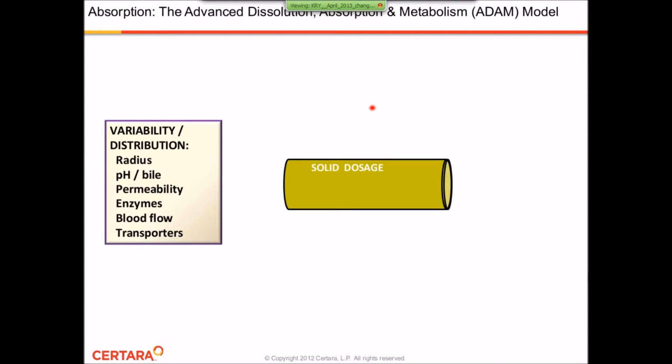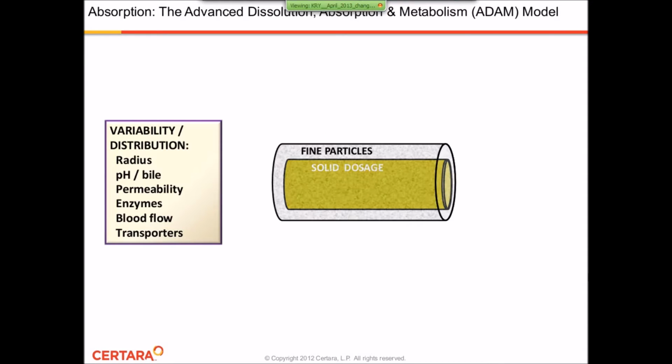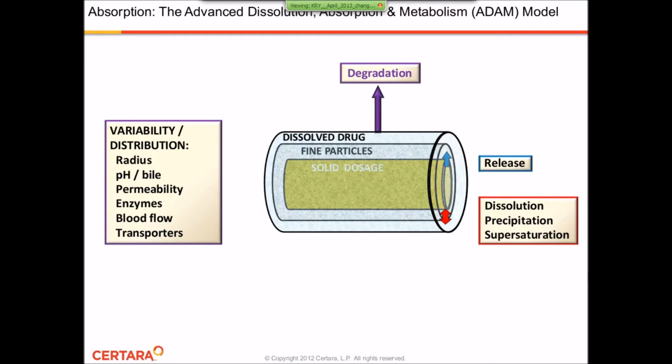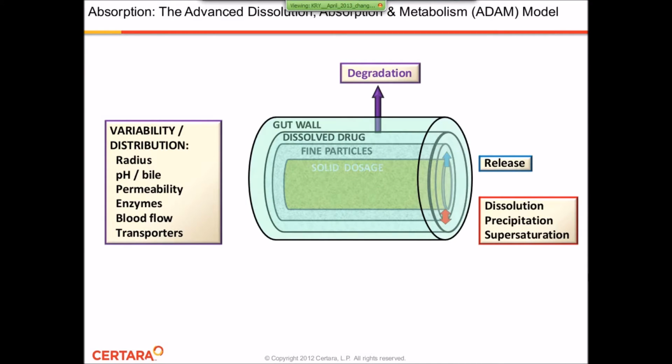So if we consider that we've got the solid dosage form, and then we want to actually consider the release into fine particles, that is all incorporated within the ADAM model. We then have the dissolved drug, where we can have a look at the dissolution, consider the precipitation and supersaturation characteristics, but also consider degradation of the drug as well, as we know is quite common with some drugs.